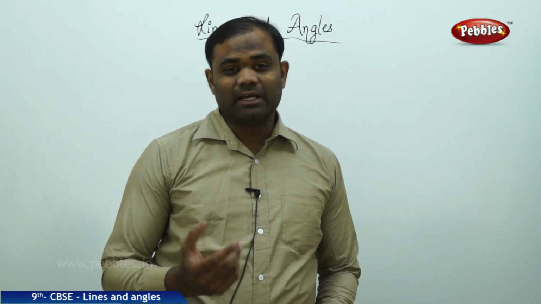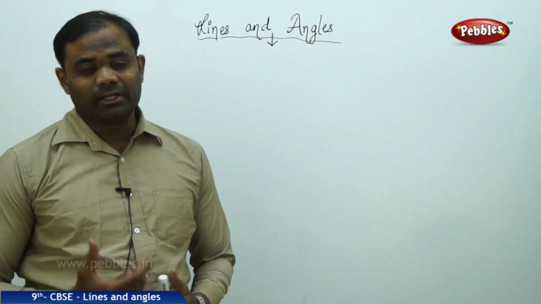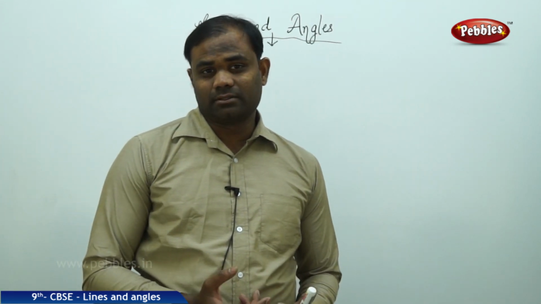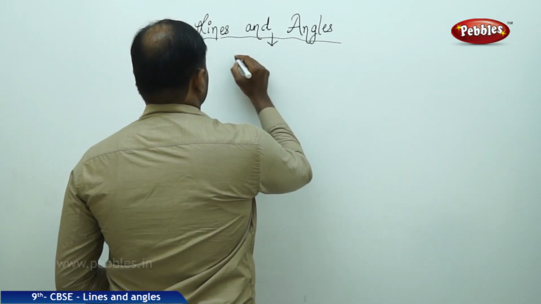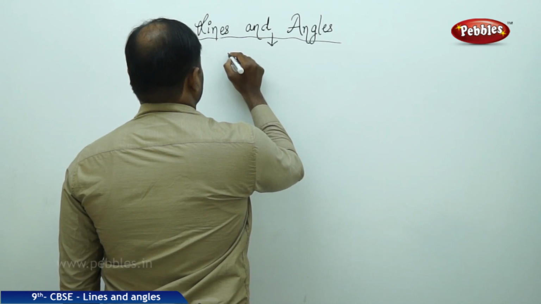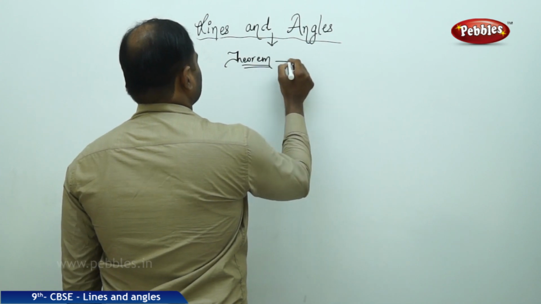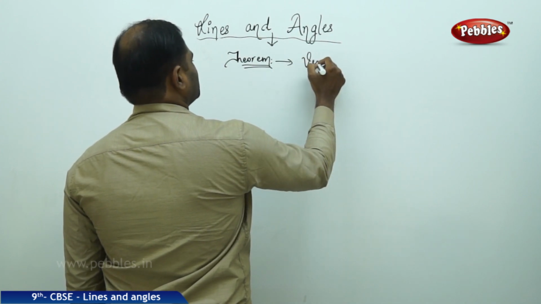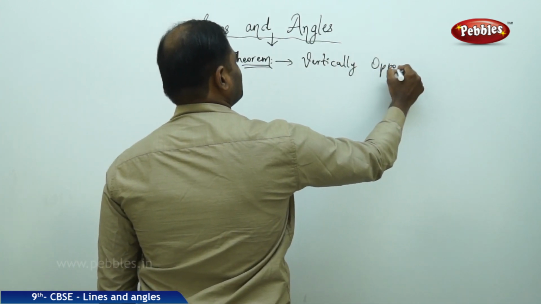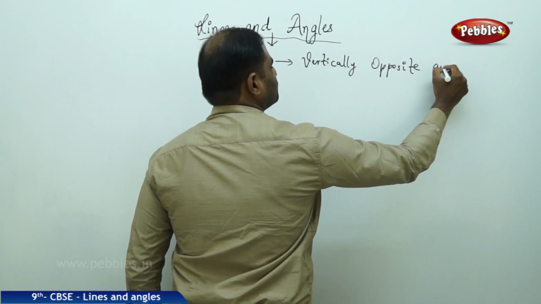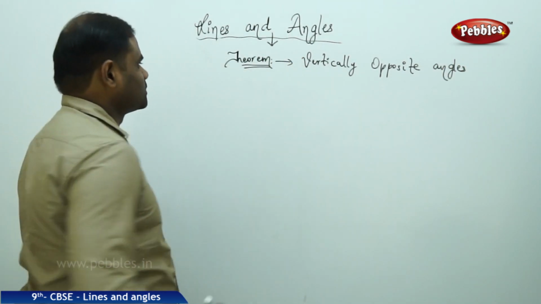Now that we have discussed the axioms on linear pair of angles, let's see a theorem which relates to vertically opposite angles.